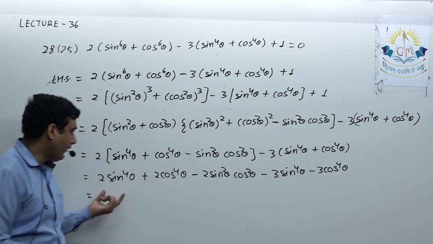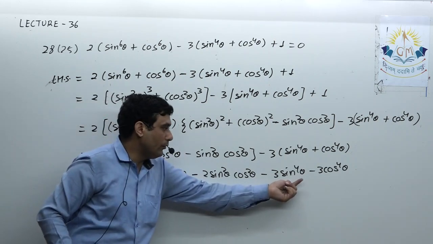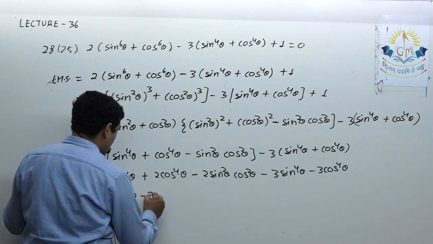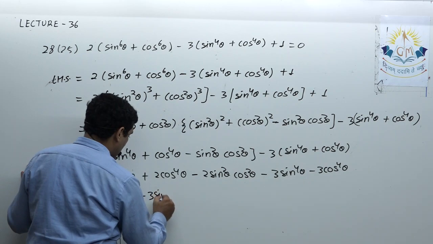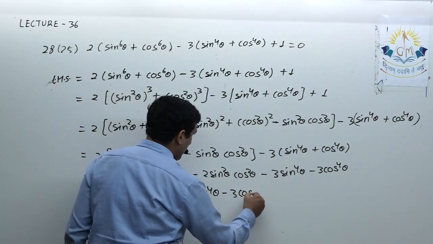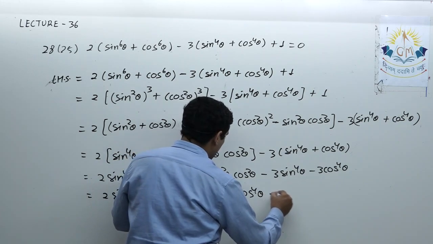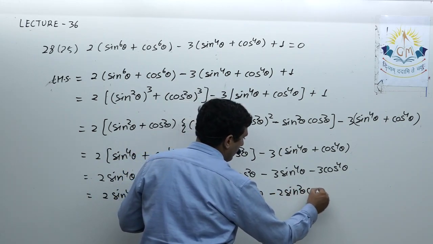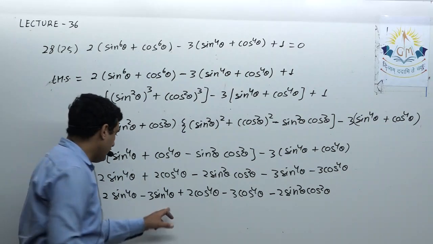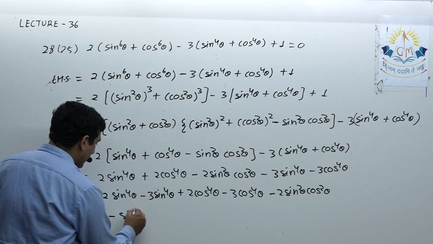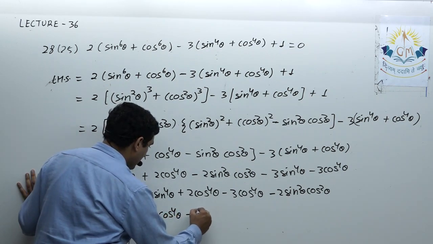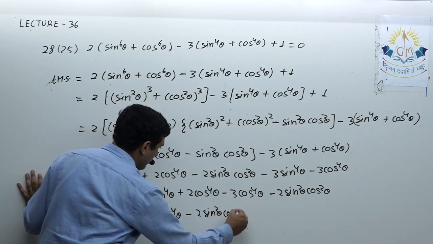Now you can find like terms: the first term and the 3 sin raised to 4 theta are like terms, and plus cos raised to 4 theta minus 3 cos raised to 4 theta, and finally I write minus sin square theta cos square theta. So now it is 2 sin raised to 4 theta minus 3 sin raised to 4 theta, minus cos raised to 4 theta, minus 2 sin square theta cos square theta.